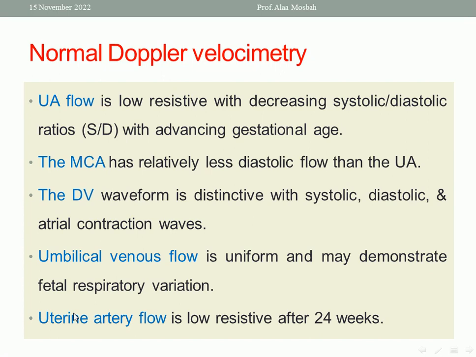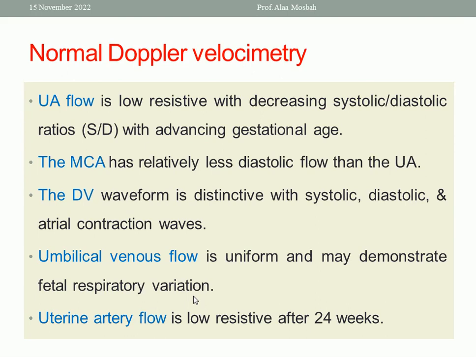What about the normal Doppler velocimetry? Umbilical artery flow is low resistive with decreasing systolic diastolic ratio with advancing gestational age. The middle cerebral artery has relatively less diastolic flow than the umbilical artery.